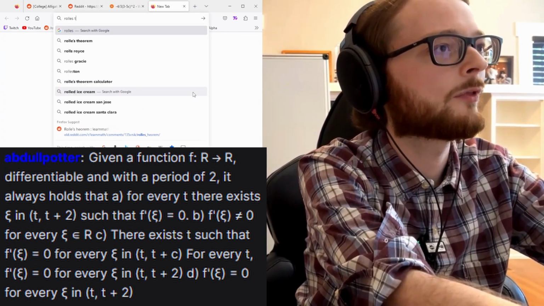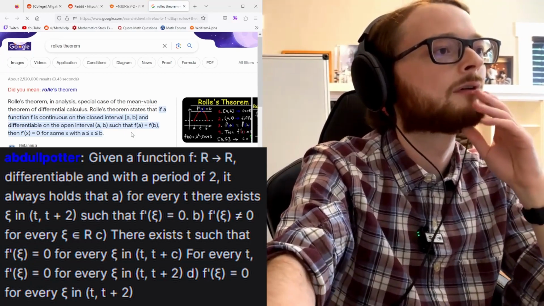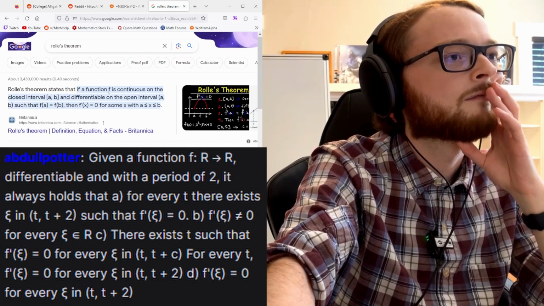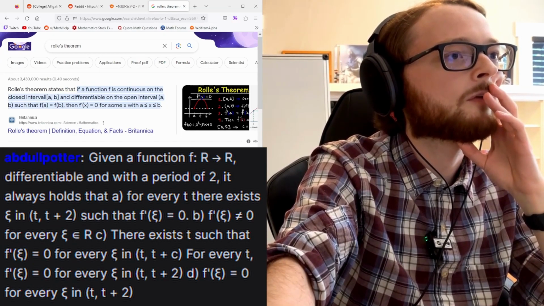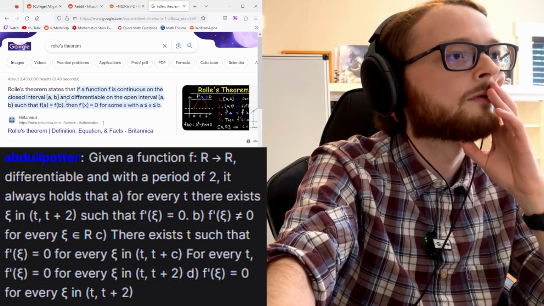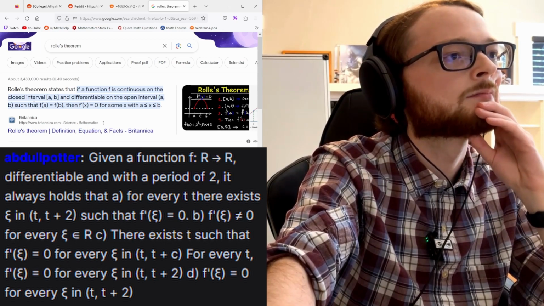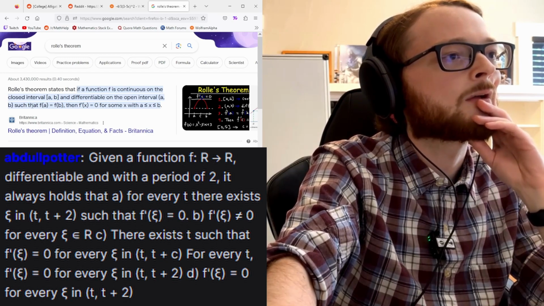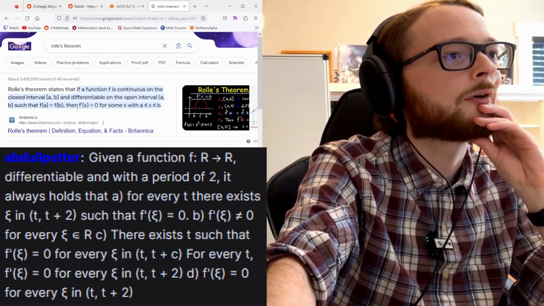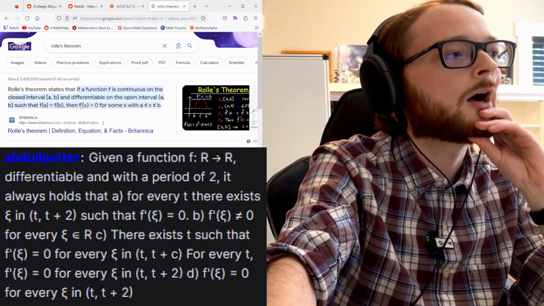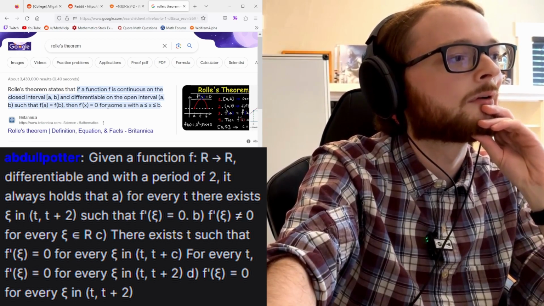I forget what Rolle's theorem says. If function f is continuous on the closed interval a, b, and differentiable on the open interval, such that f of a equals f of b, then f prime of x equals 0. Oh yeah, that is Rolle's theorem.